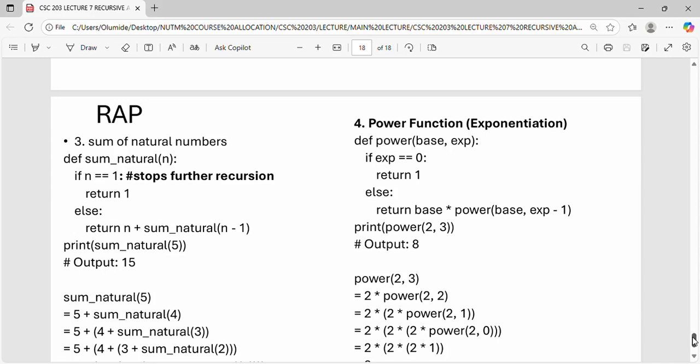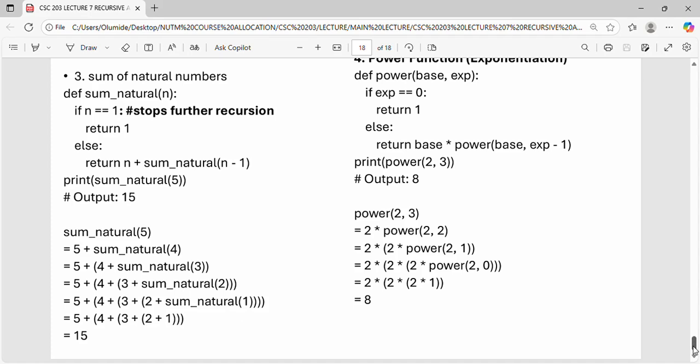Else return base times power, base comma exp minus 1. Then we print power 2, 3. So we can see where we are starting from, where we came from, is the power up there, and we say base comma exp. And that is what we have, and we can see the output 8.